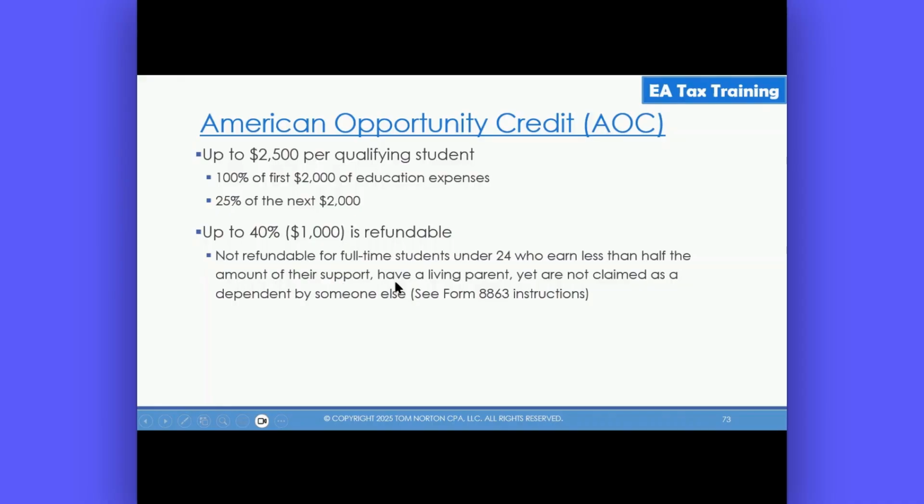If the person is under 24, a full-time student, and could be claimed as a dependent by the parent but is not being claimed, then none of this AOC is refundable. But for most people, 40% is refundable.